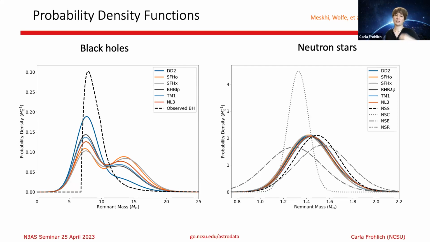You could imagine that some of it gets blown off and doesn't end up in the black hole, or you could assume that all of the stellar mass present at collapse would also be in the black hole. So that gives us a slight range of black hole masses depending on that assumption.